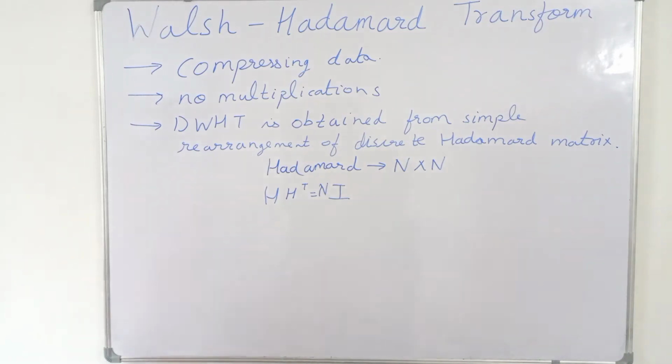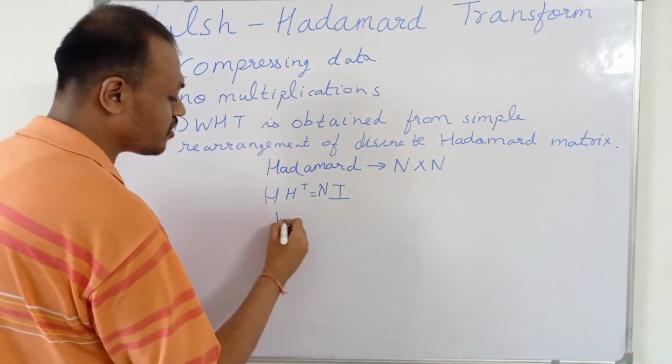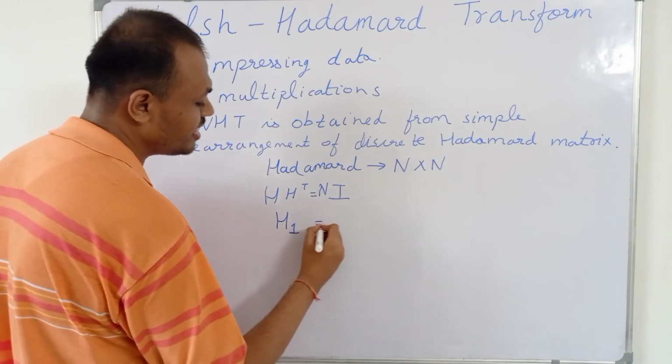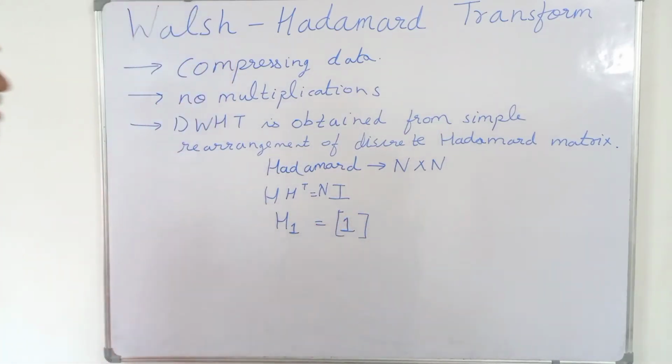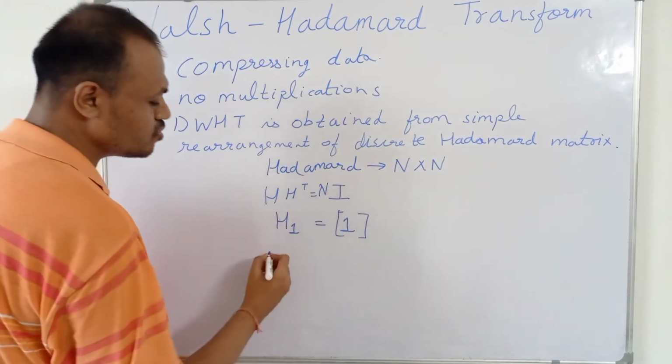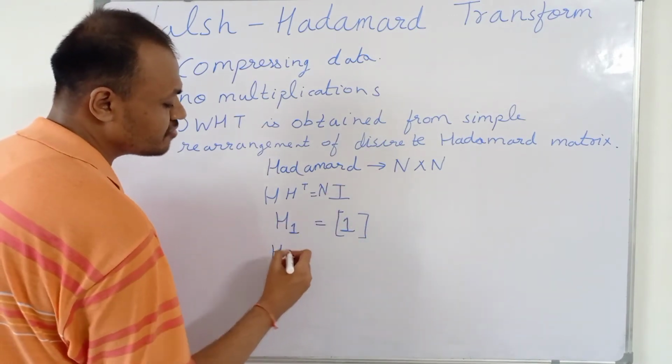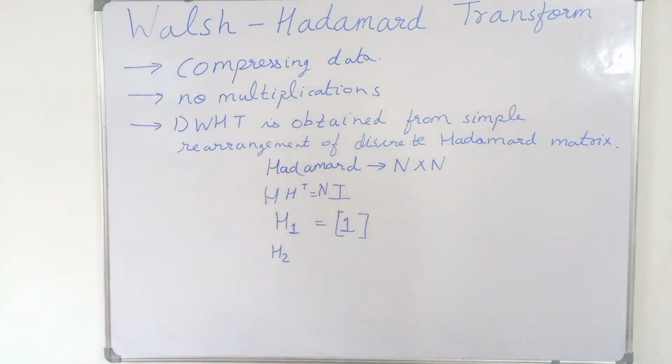Now the Hadamard matrix for order 1, H1, is equal to 1. Now we can easily obtain H of 2, that is a 2 cross 2, from H of 1. First we will look at the formula.